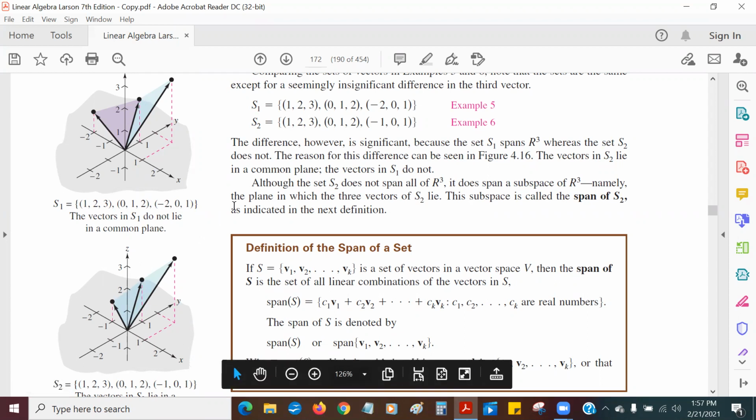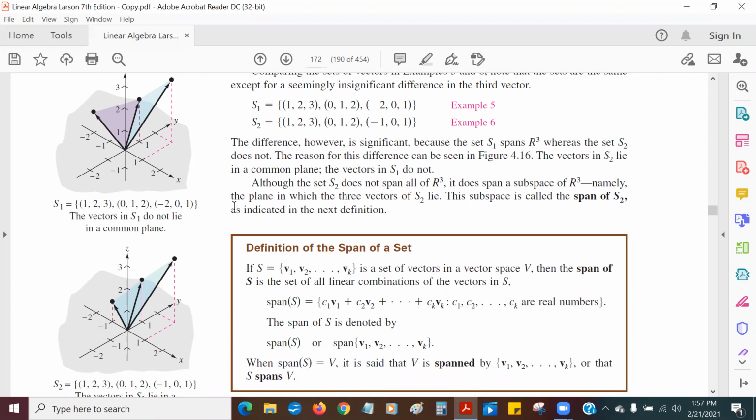And that makes sense why S2 does not span everything, because when three vectors are in the same plane, no matter how you combine them, they're still trapped inside that plane. But if three vectors are not in the same plane, then you can combine them to reach any point in the whole space. So that's what I'm trying to say.